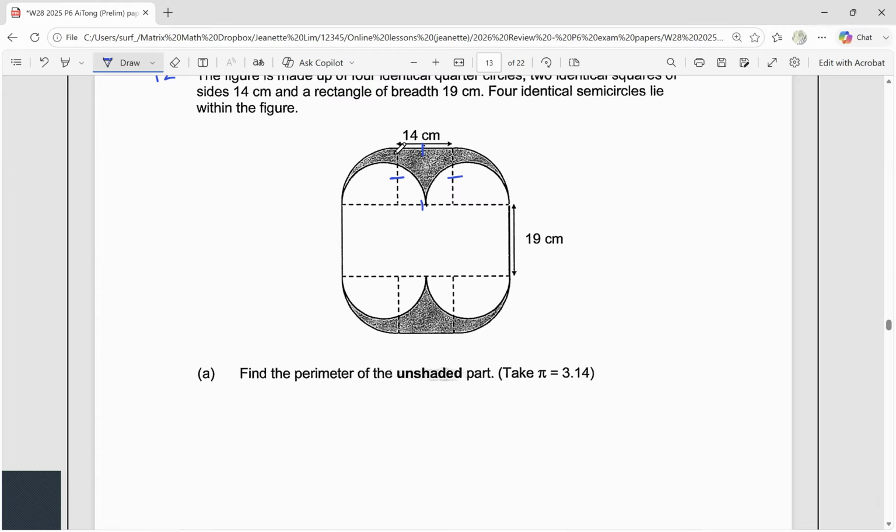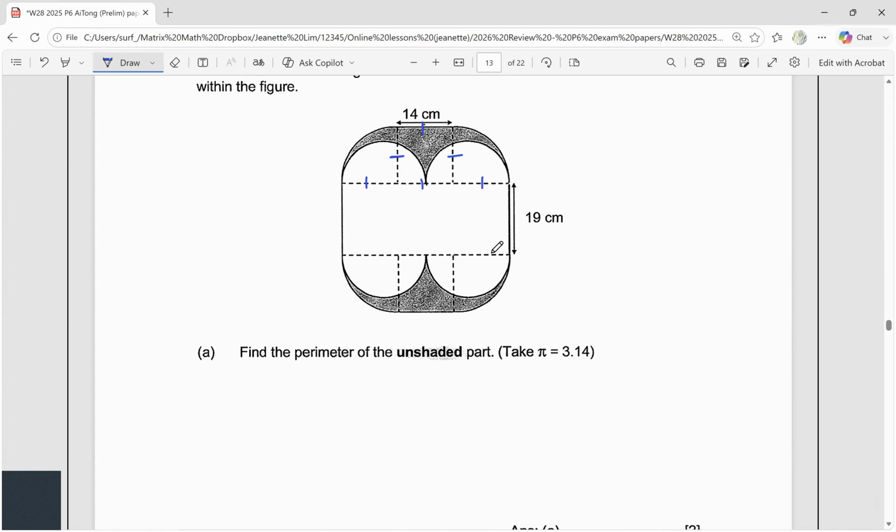Since you have quadrants, the radius will be equal. So this side is equal to this side. Same for this. So actually the two diameters will be 14 times 3. 14, 14, 14. 14 times 3, 42.